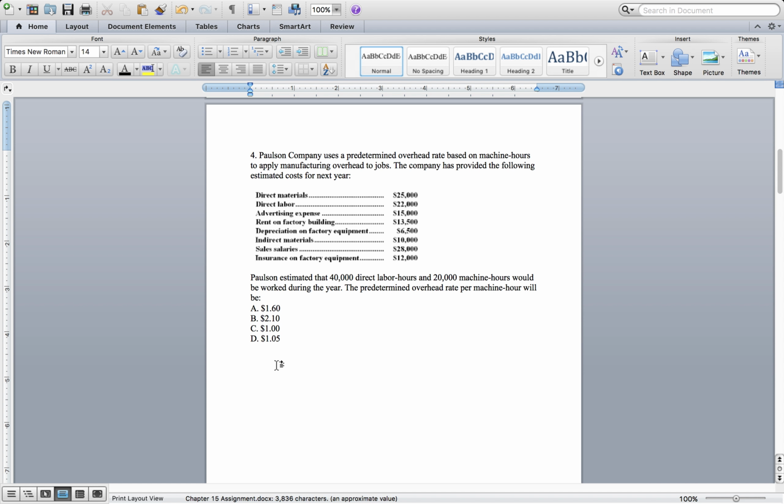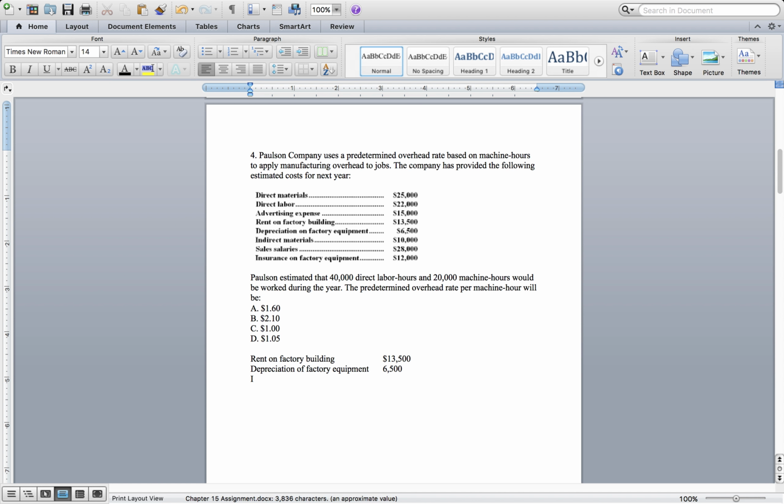total manufacturing overhead. Okay, so out of all these costs, not all of them are going to go to your manufacturing overhead. The first one that will go is rent on factory building, which is $13,500. The other one that goes on there is depreciation of factory equipment, which is $6,500.